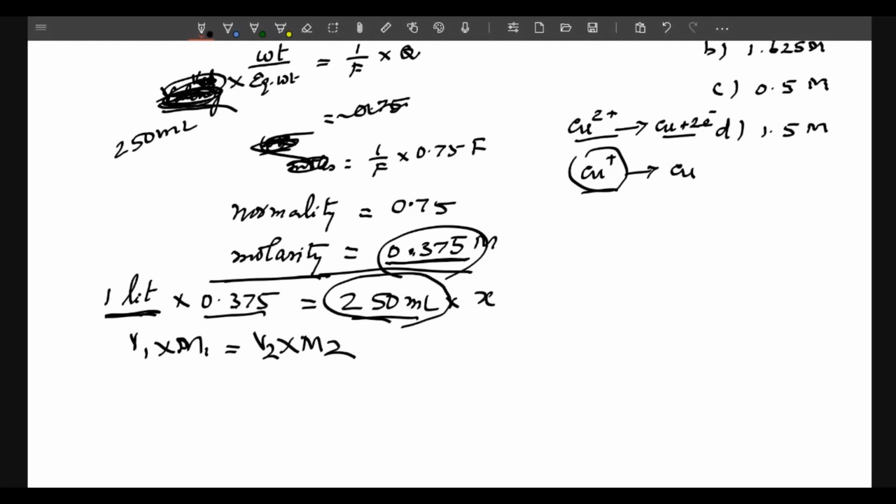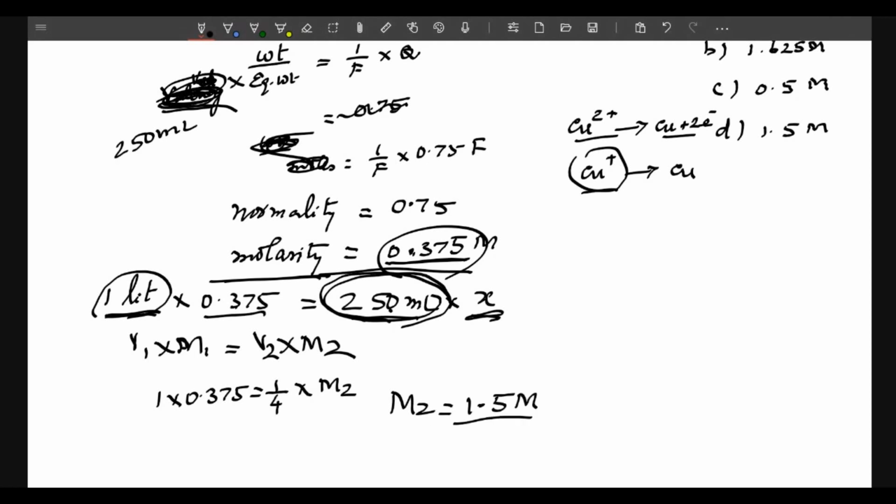Therefore, this 0.375, when dissolved in 250 ml, what would be the molarity? You have to find this out. Here the volume is given in liters, here 250 ml is there, so here also you should put it into liters: 1 into 0.375 is equal to 1 by 4 into M2, or M2 is equal to nearly 1.5 molar.